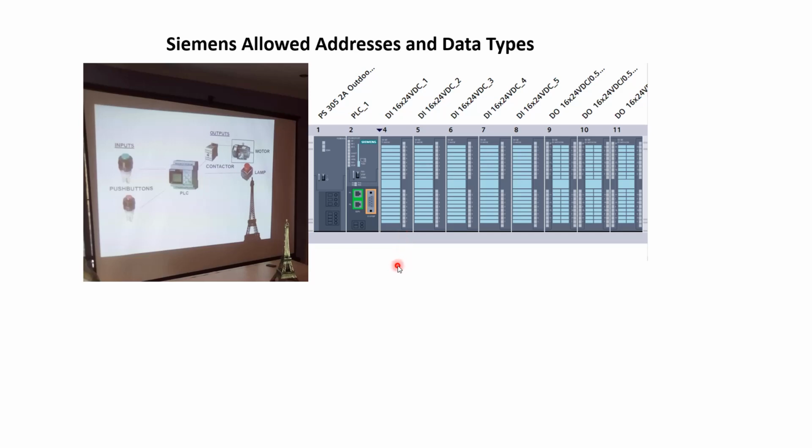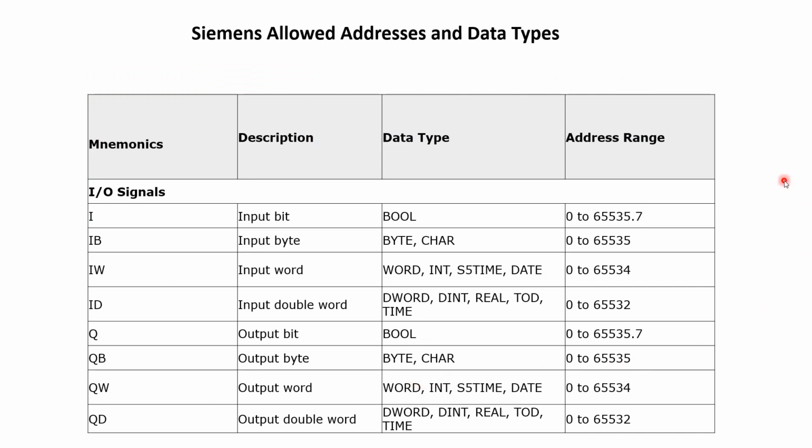All right, let's move on. Next slide. In this slide, we are going to be discussing the addresses and the mnemonics for those addresses: whether the address is an input address or an output address, whether it is a bit, a byte or a word, and what type of data that particular input or output signal is.